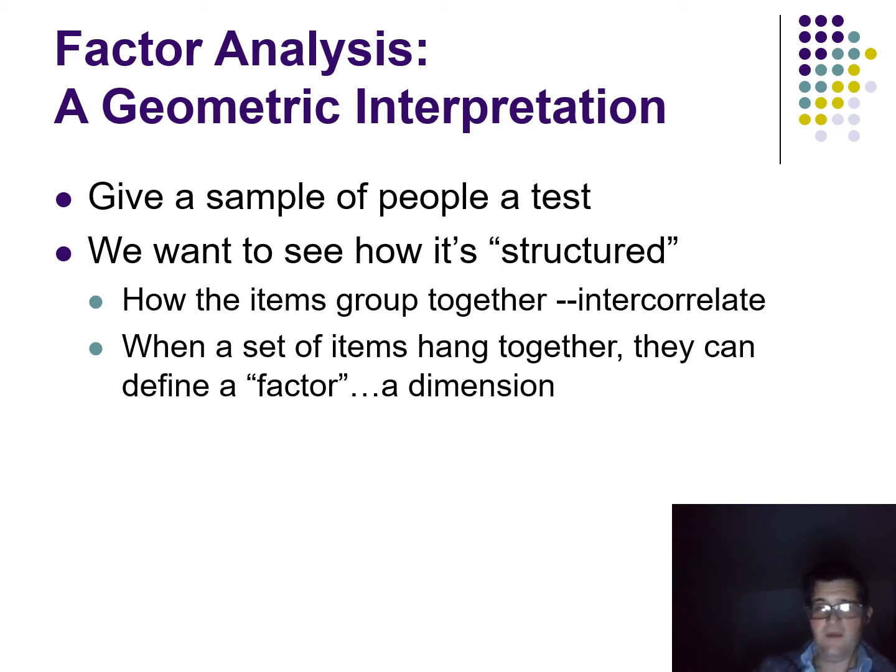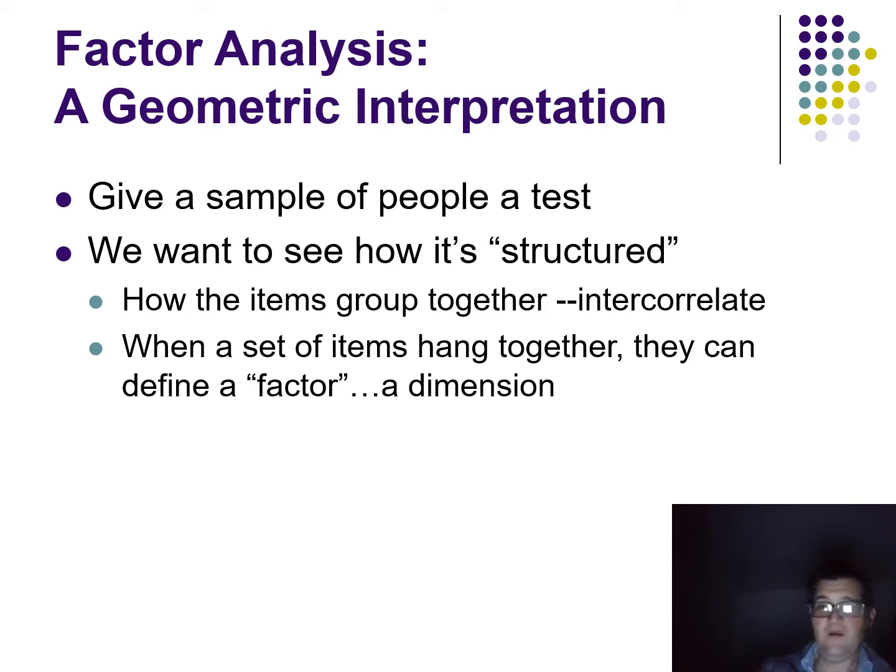I don't want to spend a lot of time on factor analysis because it's kind of above the pay grade of this class, but this is how things work. We give a set of items on a test to a group of people, and we try to see how it's structured. The basic idea is the tendency for people, if they get one question right, to get this other question right.